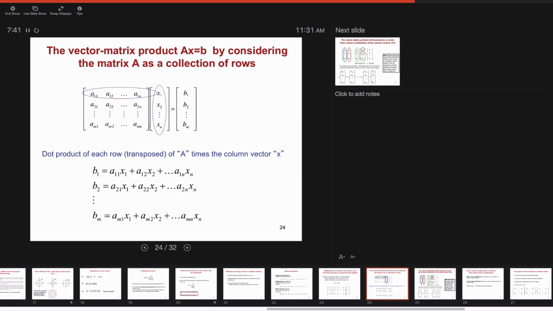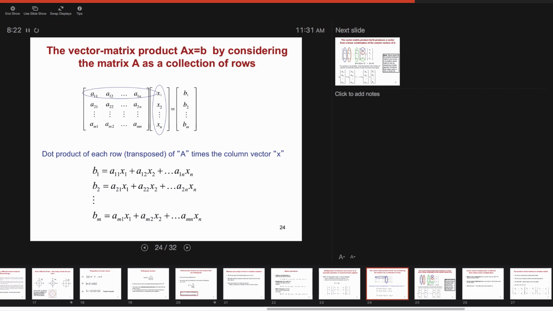I can also see, when I go back, here I have x1 repeating, x2 repeating, xn repeating. So if I think of this as a vector, this vector B is equal to scalar x1 times this vector, which is the first column of A, plus x2 times the second column of A, plus all the way to xn times the last column of A. Do you see that visually?